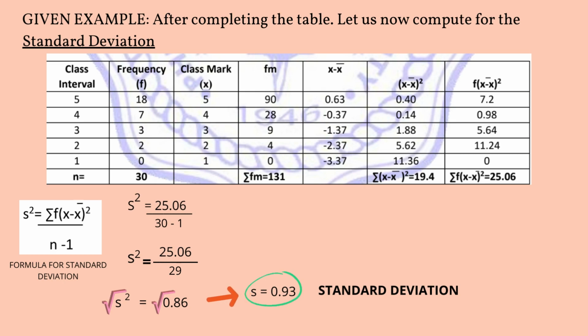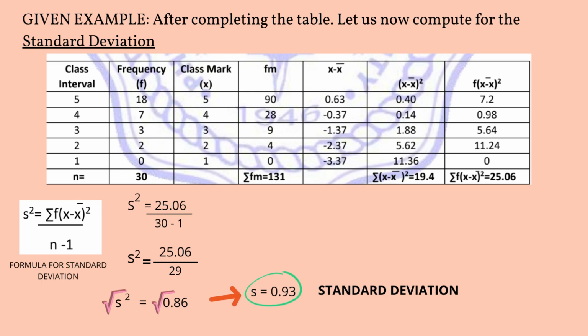Okay, so now let us substitute the values. So yung mga value na to, makukuha natin siya dito sa table natin. That is why sabi ko kanina kailangan natin ng summation kasi kakailanganin natin yan sa pagsosolve. Okay, so next is we have to substitute yung mga values. So, summation of f times x minus the sample mean squared.